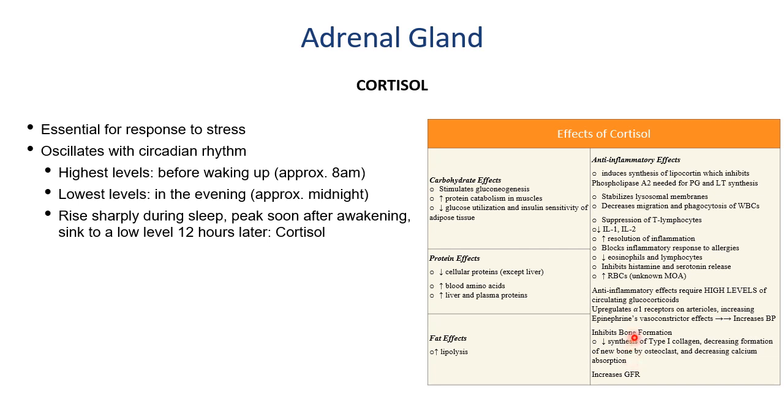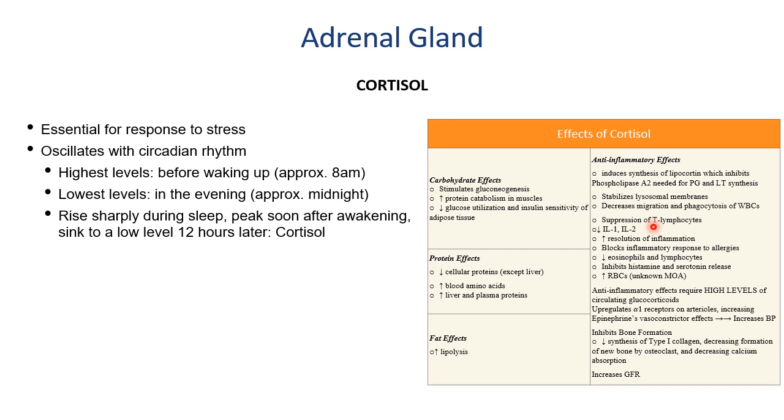There are a lot of effects of cortisol on inflammation, but just think of it in general as an immunosuppressive effect. So think of it this way: cortisol causes immunosuppression.